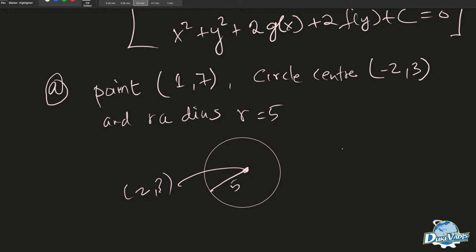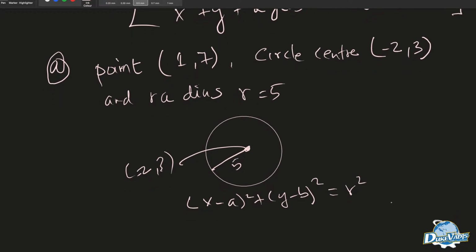So definitely, the equation of this circle will be (x minus a) squared plus (y minus b) squared equals r squared as a general equation.